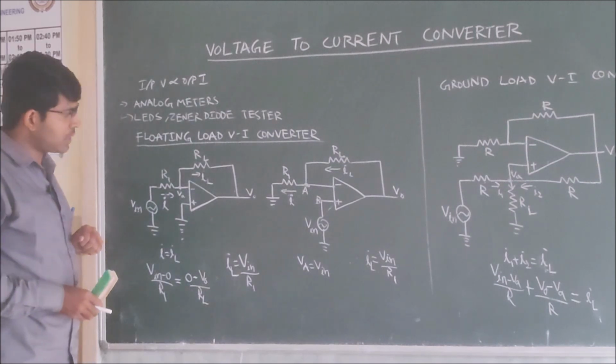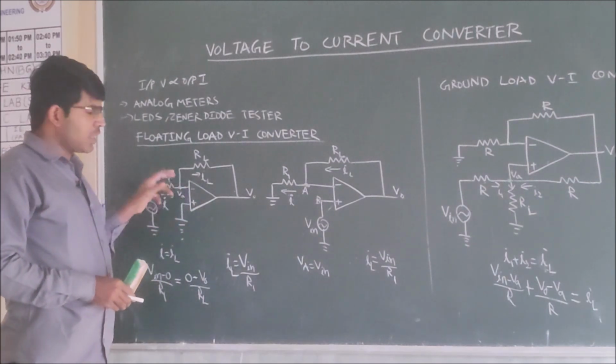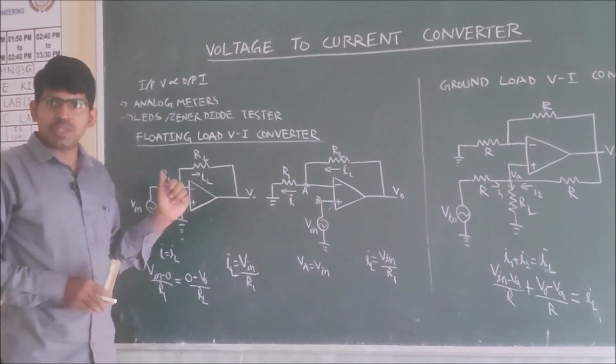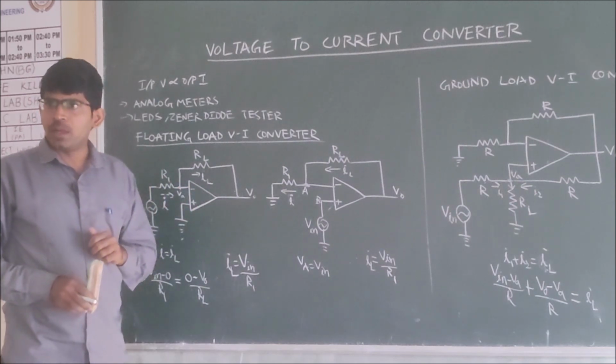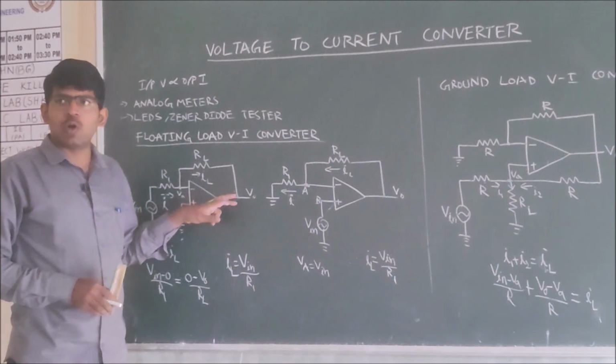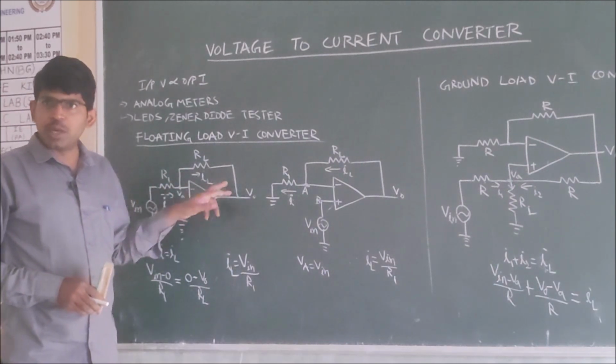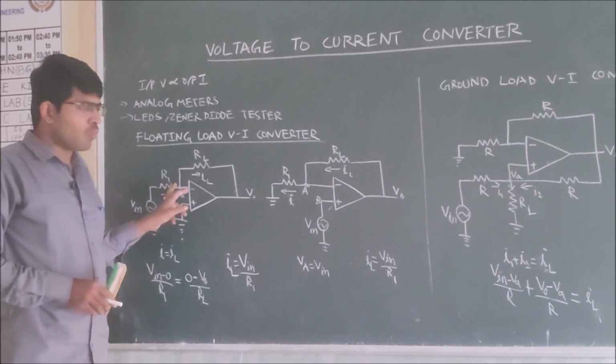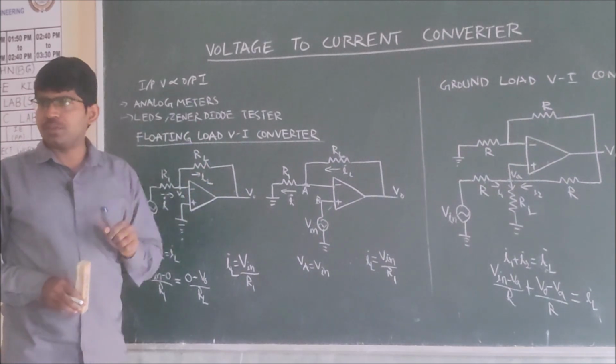Your point is right. Virtually this terminal is grounded, but physically we have not grounded. And one point you have to remember, the second terminal we are connecting to the output. So this type of connection is called a floating load V2I converter.